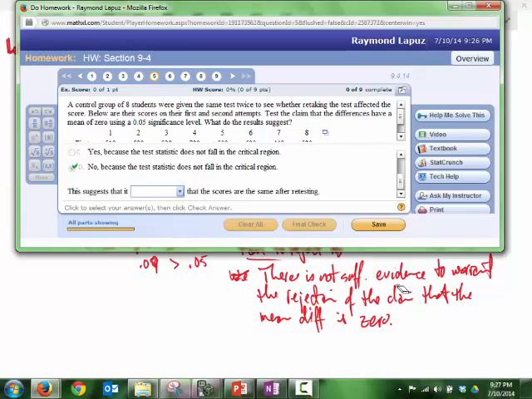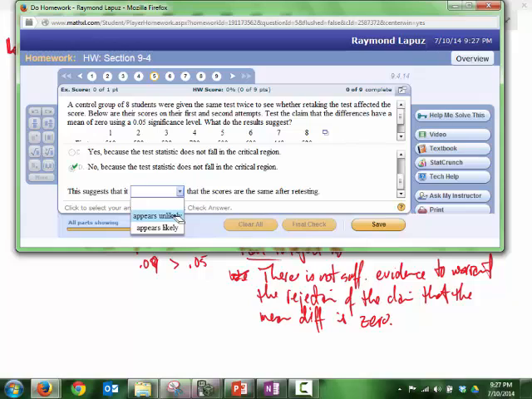The mean difference is 0 means that there is not a significant difference between the two things, right? And we didn't reject that. So it suggests that it appears likely that the scores are the same after retesting. It suggests that it appears unlikely that the scores.